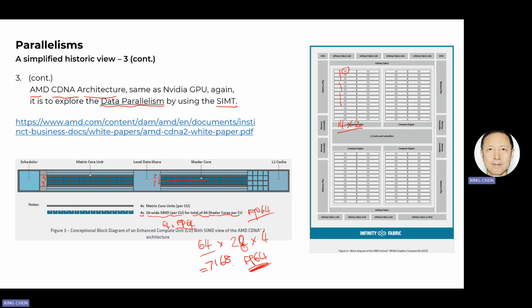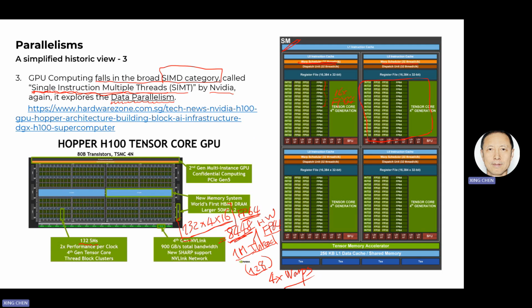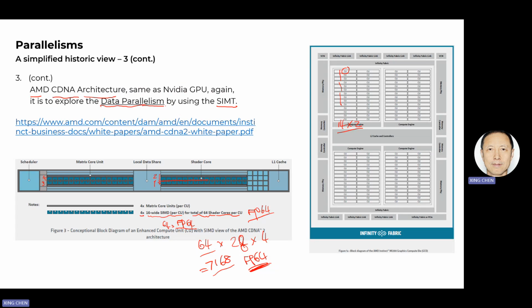Now we know that we calculated for NVIDIA GPU it is 8,000, and for the AMD GPU it is 7,000 floating point 64 units. And that's the hardware units.